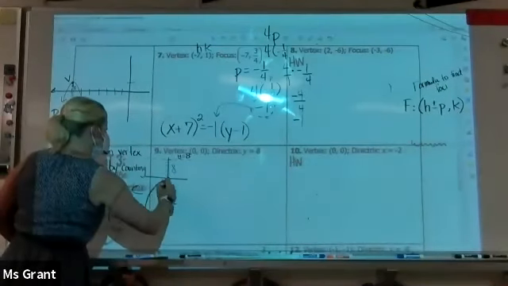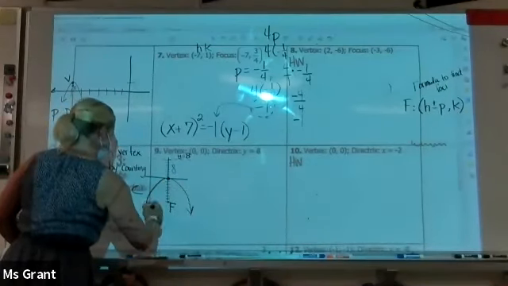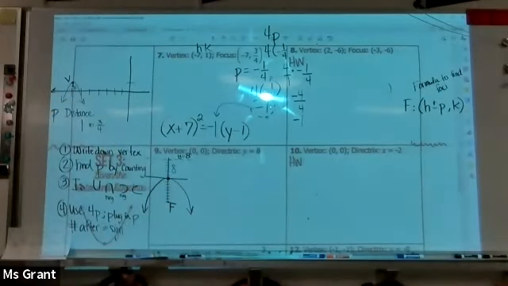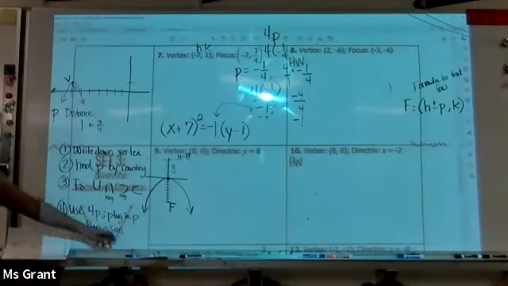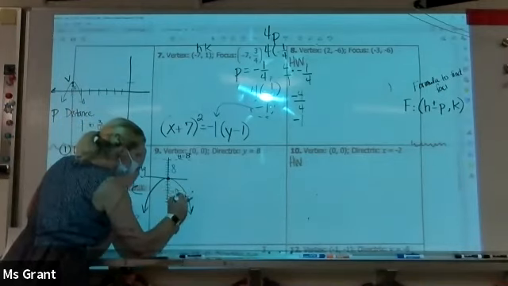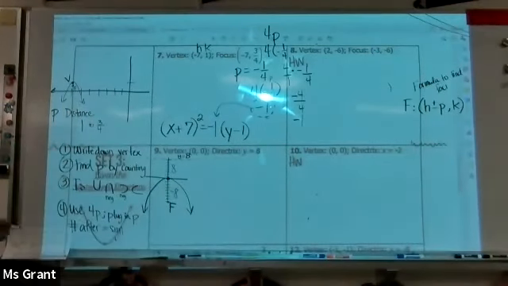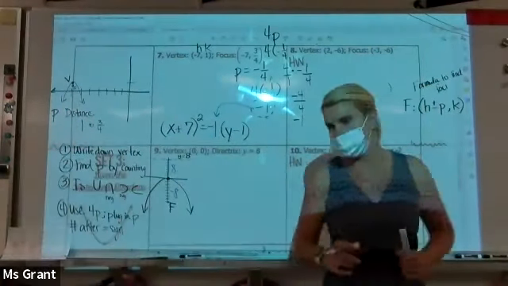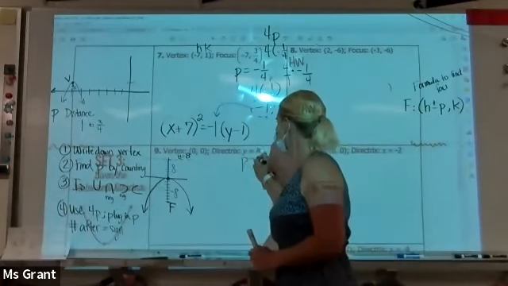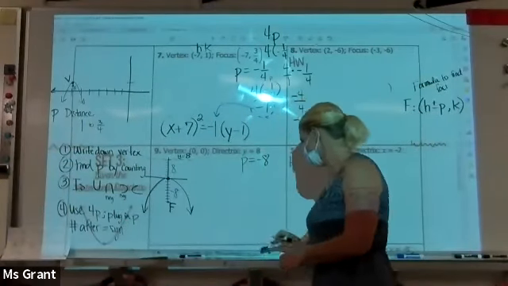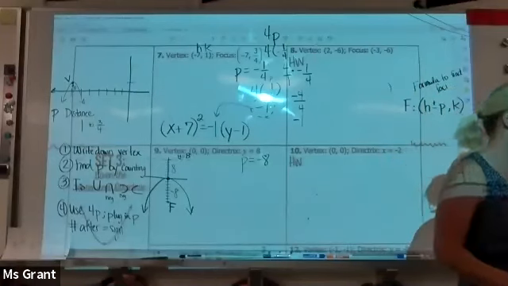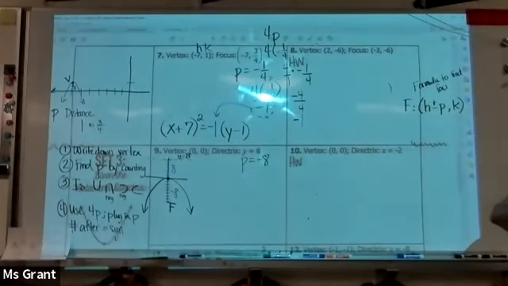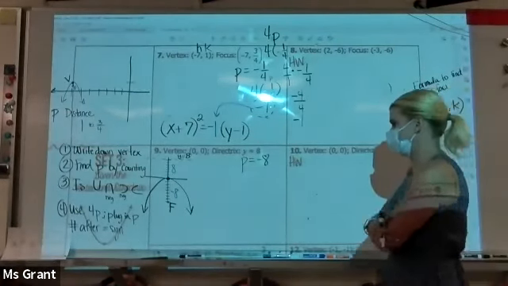So my curve is going to look like this. But since I went downward and my parabola is facing downward, my P is going to be -8.